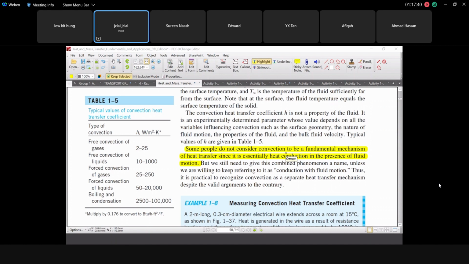But I want you to understand a little bit, and to be able to differentiate, for a heated solid, in what situation the heat transfer is through natural convection and in what situation it is through conduction. Do you get my point, guys? Or do you still have questions?